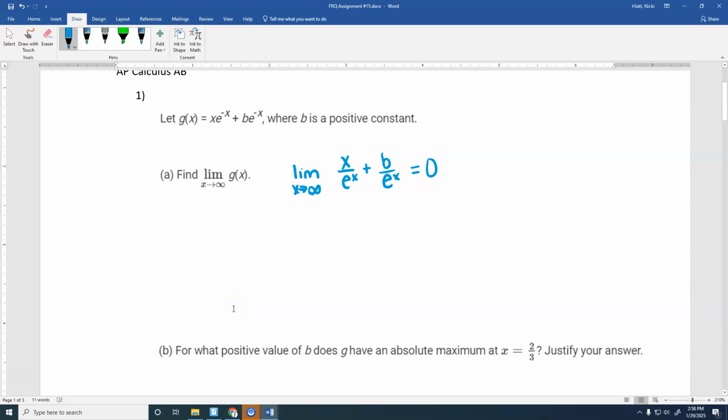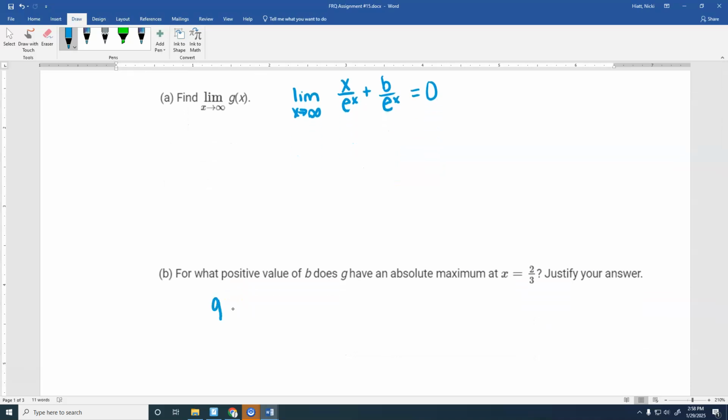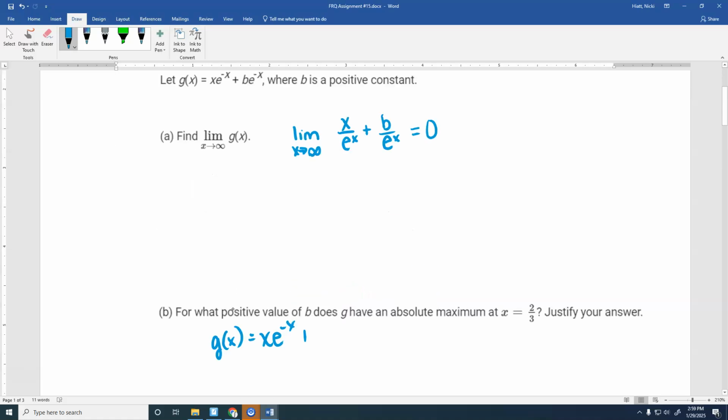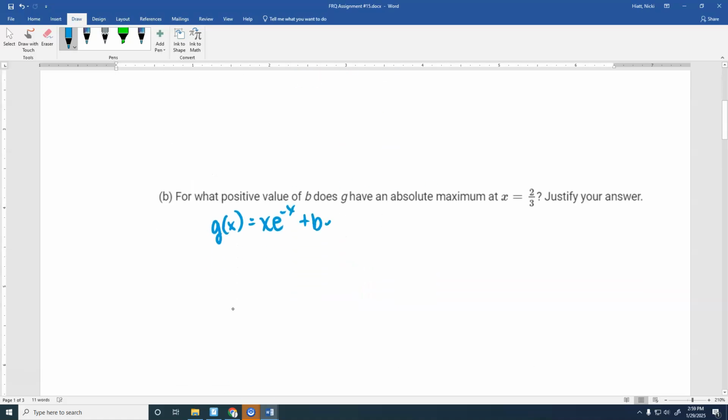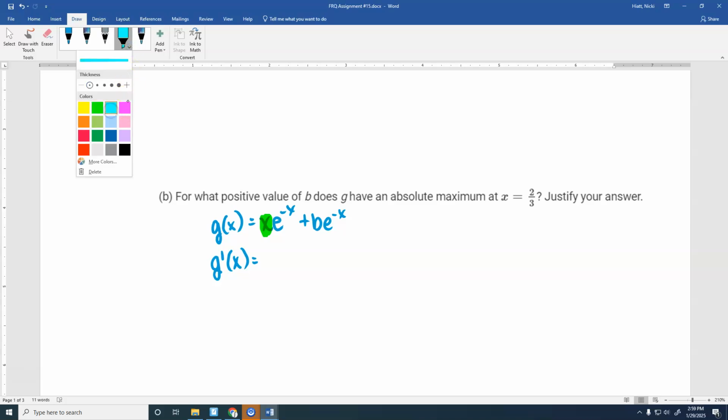So my function is g of x equals x e to the negative x plus b e to the negative x. When I take the derivative of x e to the negative x, what do I have to use? Product rule, because both of those pieces have an x. So you take this piece as your first part and this piece as your second part.